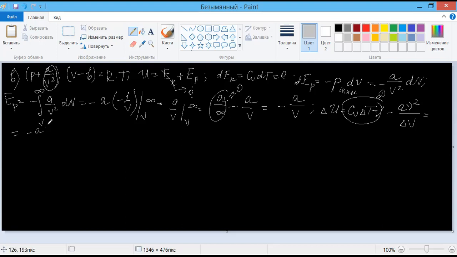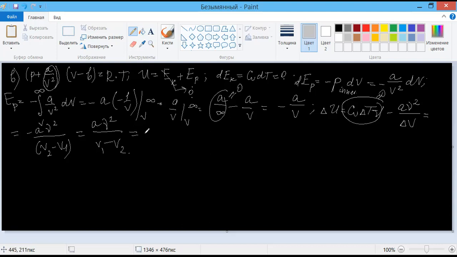And we can write like this, or we can put the minus 1 into the brackets, and finally we'll get this expression. This is the formula which allows us to calculate the change in internal energy for van der Waals gas.